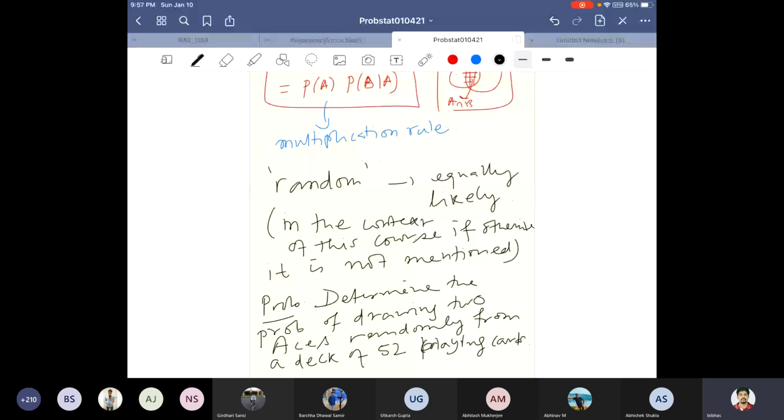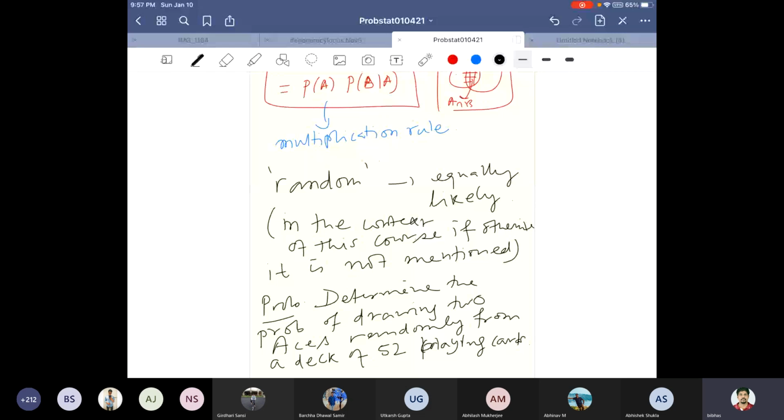That means the sample space is like 1 up to 52, if you just number the cards, and 4 cards are numbered as aces. Then what is the probability that if you pick one of them, it will be an ace? Because everything is equally likely here, getting an ace is 4 by 52, since 4 of them are aces out of 52.